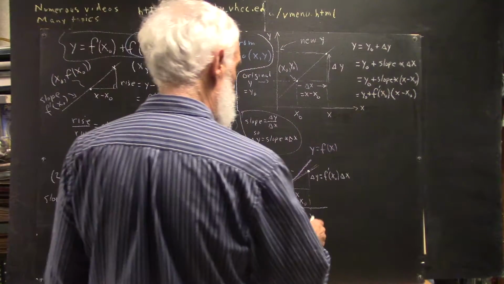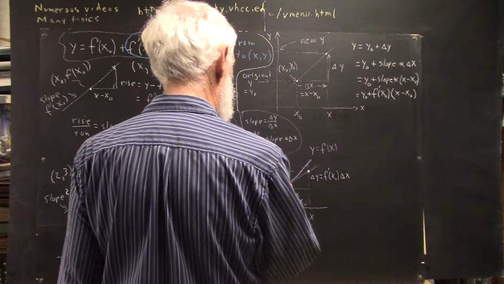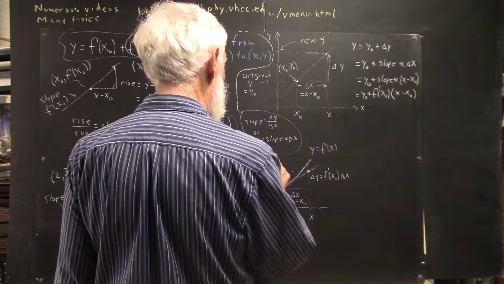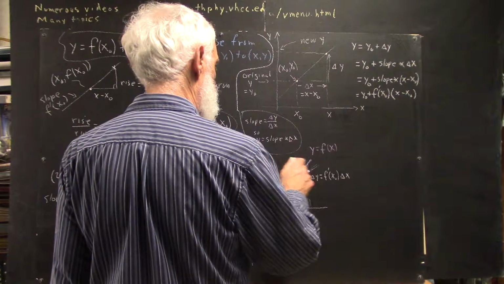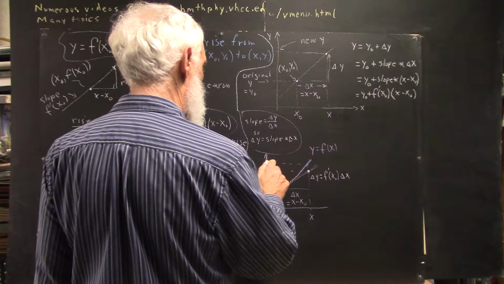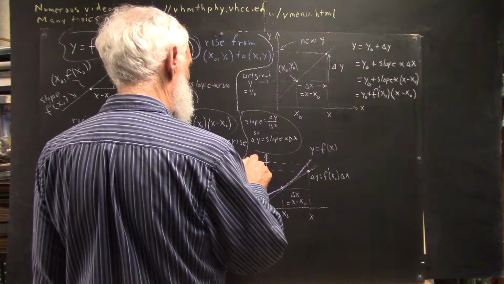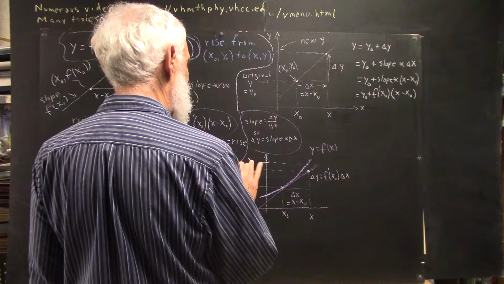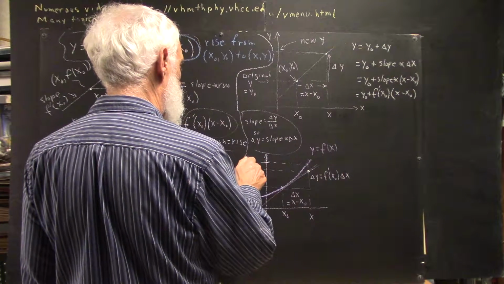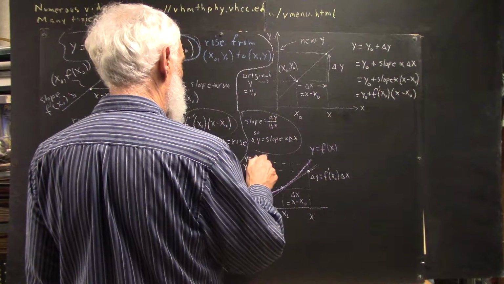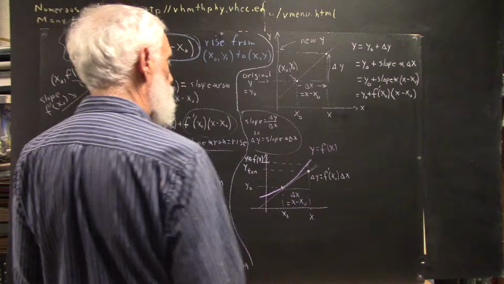For this value of x, the y value is actually here. And if we project that over to the y-axis, which I need to extend just a little bit, I should have written that y just a little left. y equals f of x.